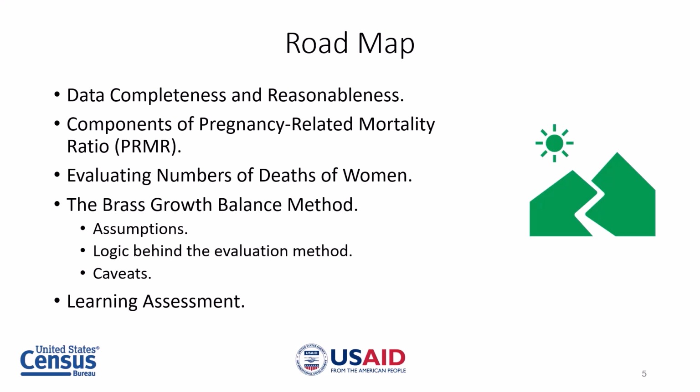We remind ourselves of the components of the main measure of maternal mortality already covered in Module 1, and also the importance of evaluation of death and birth recordings from census data. We will then move to describe the Brass Growth Balance Method, its assumptions, logic, and caveats. At the end of the episode, please make sure you take the time to answer and review our learning assessment.